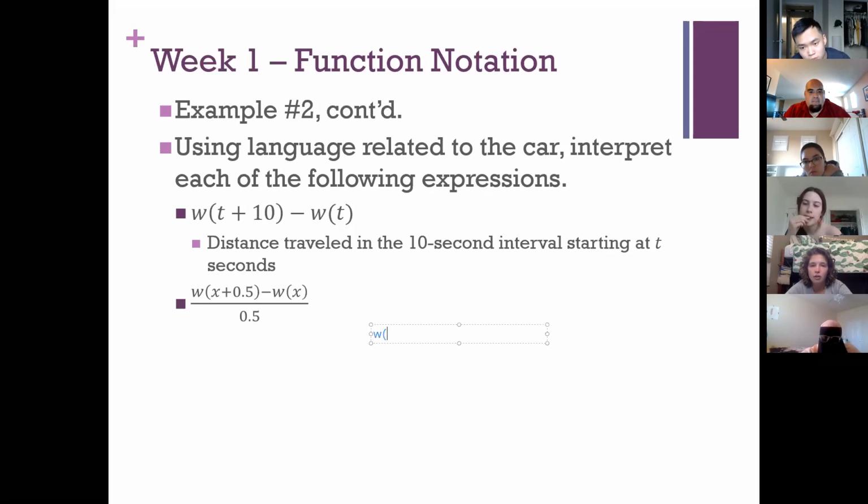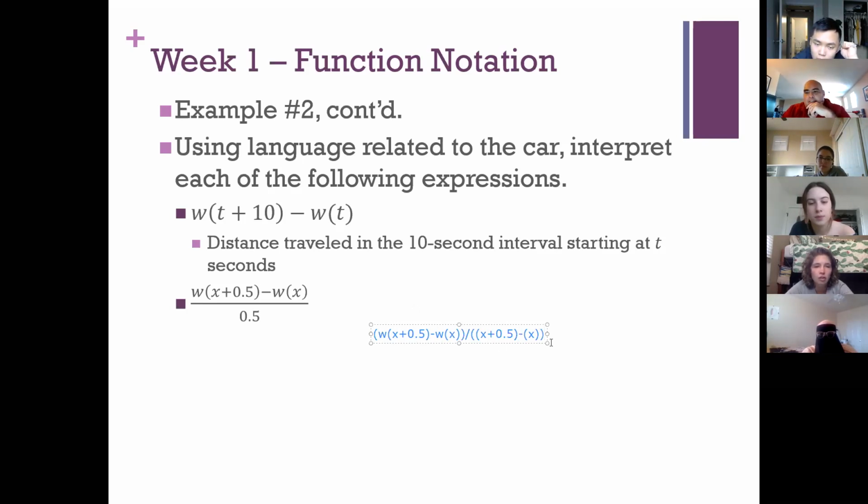So I'm going to keep the top, or the numerator, the same: W of x plus 0.5 minus W of x, and that is all over, I'll put it like this, x plus 0.5 minus x.